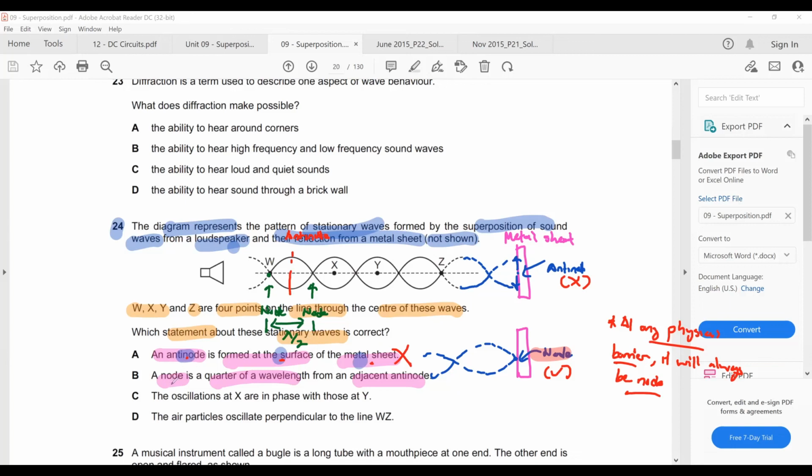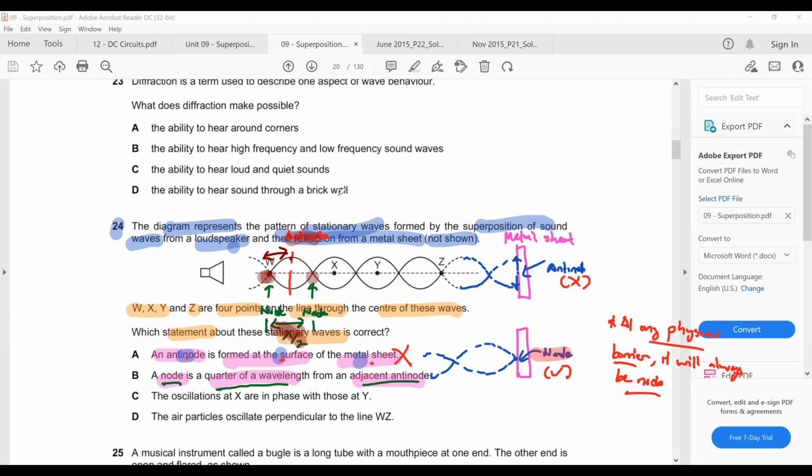So the question is asking you between a node and an adjacent antinode. A node is a quarter of a wavelength from an adjacent antinode. Basically, they're asking you about this: from this antinode to this node, how much do you think it is? If node to node is half a wavelength, node to antinode is half of that.